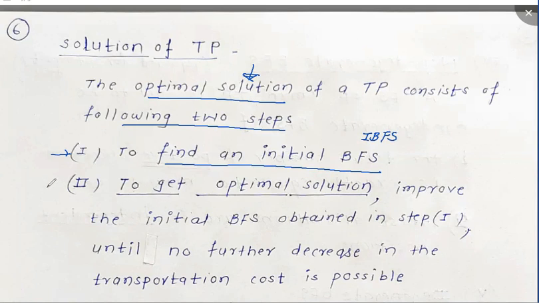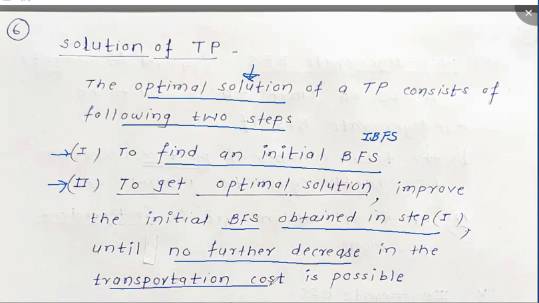Then second step, to get optimal solution, improve the initial basic feasible solution obtained in step 1 until no further decrease in the transportation cost is possible.